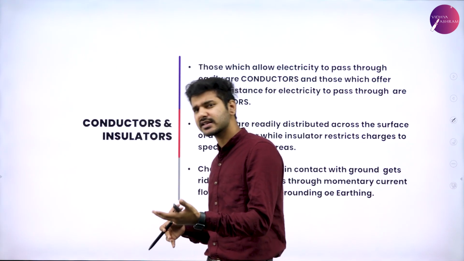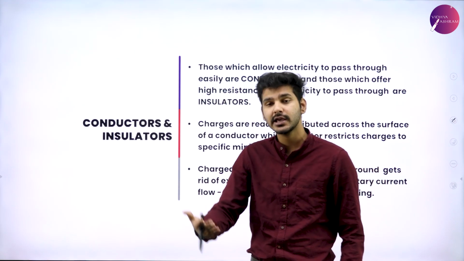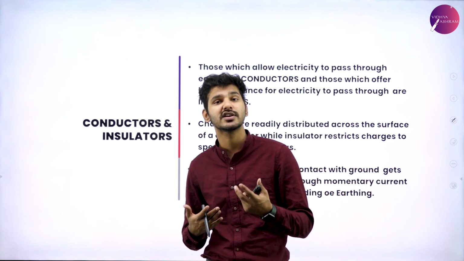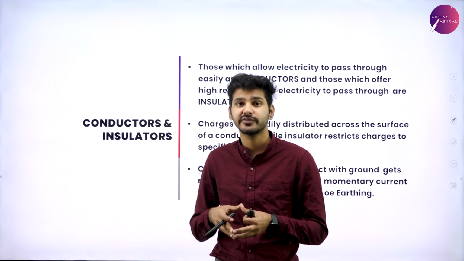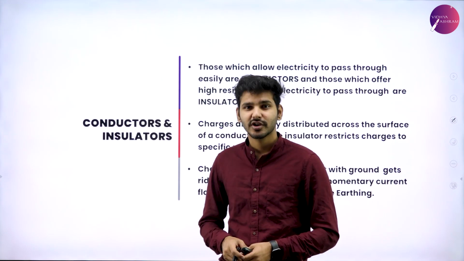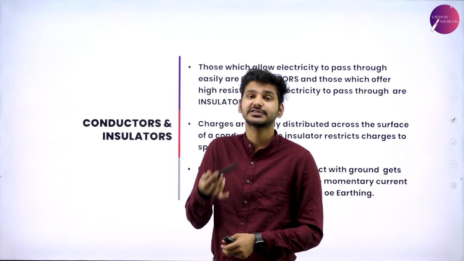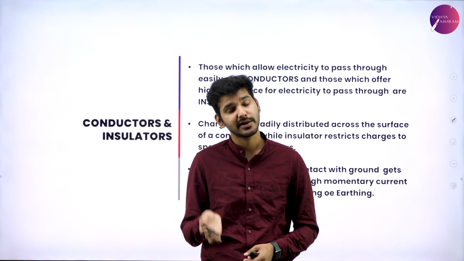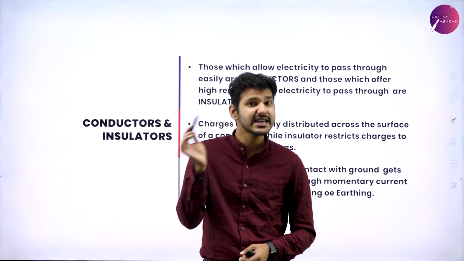Or simply we can say that materials which allow charges to move freely about the surface are known as conductors, whereas materials which do not allow charges to freely roam about the surface are known as insulators. Or you can simply say that materials which allow electric current to freely pass through them are known as conductors, and materials which do not allow electric current to pass through them are known as insulators.